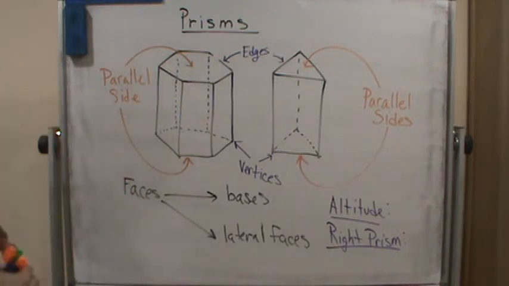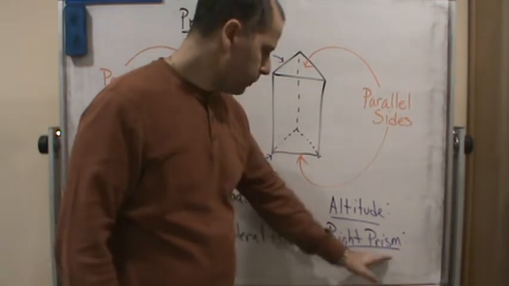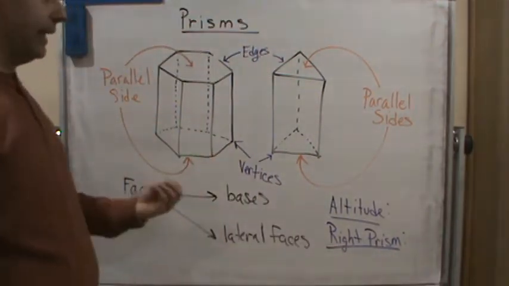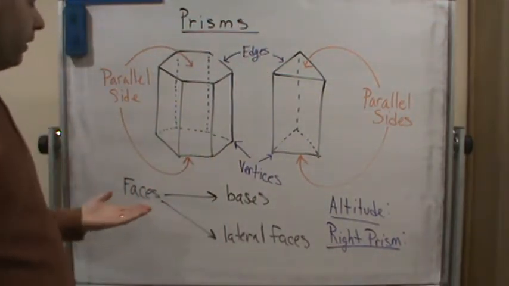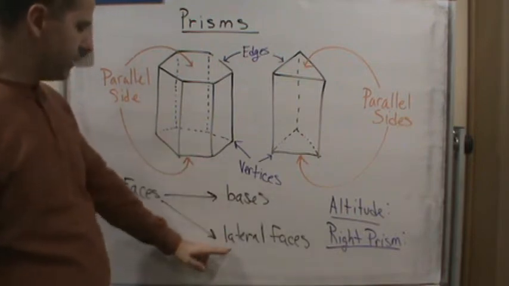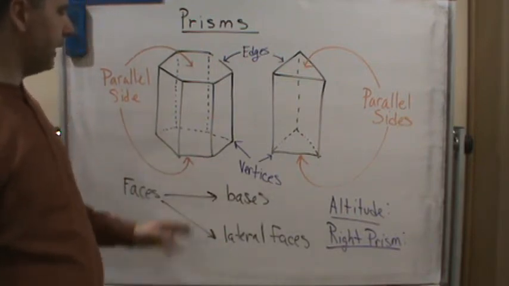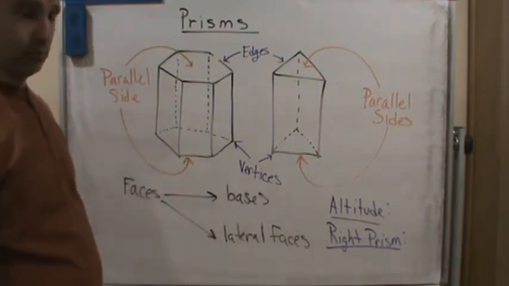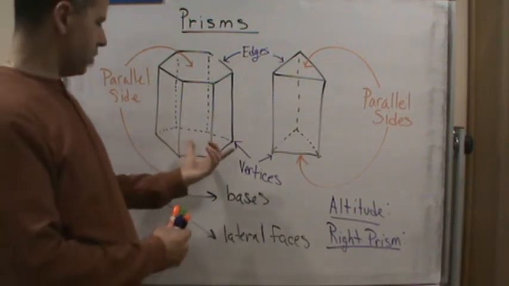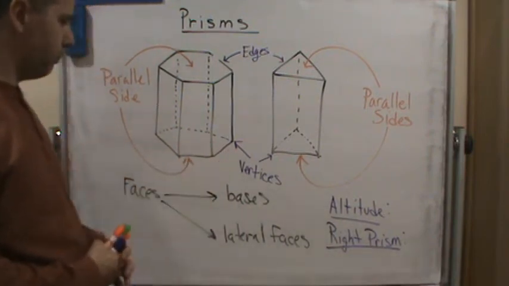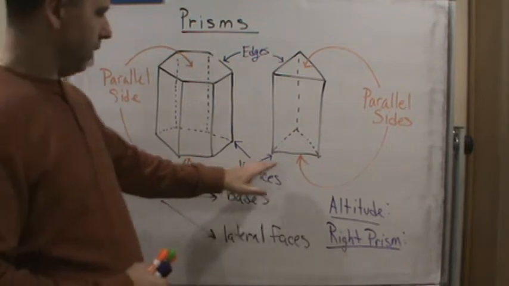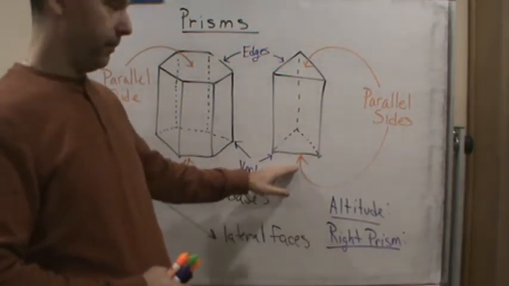Now, a right prism is any prism where the lateral faces are perpendicular to the bases. For example, this could be a right prism. This could also be a right prism.